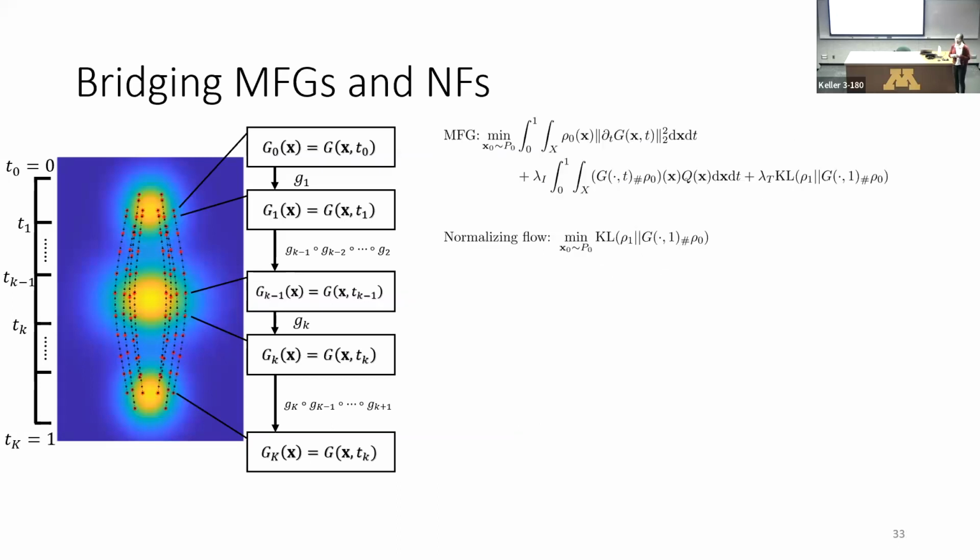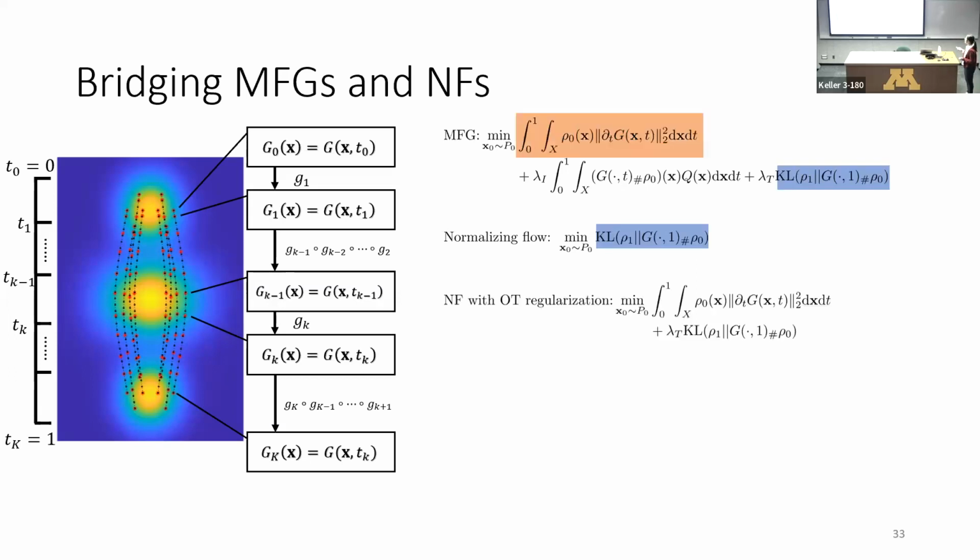So our solution is, why not put some regularity on this trajectory? Let's impose our trajectory to be as smooth as possible, as straight as possible. Give me as low dynamic cost as possible. So let's compare mean-field games and normalizing flow. Normalizing flow only cares about the terminal cost. And what we want to say is, let's add some dynamic cost when training this normalizing flow.